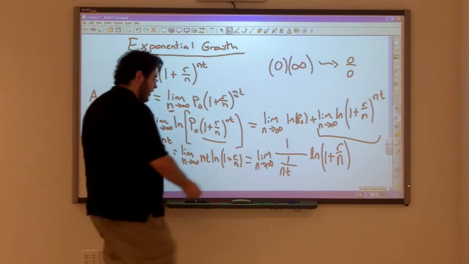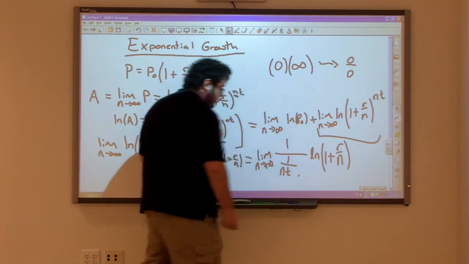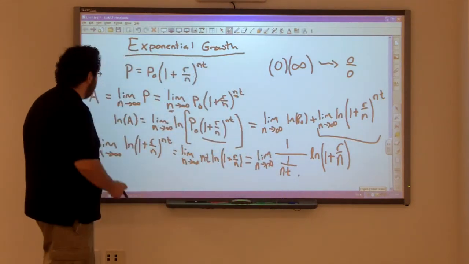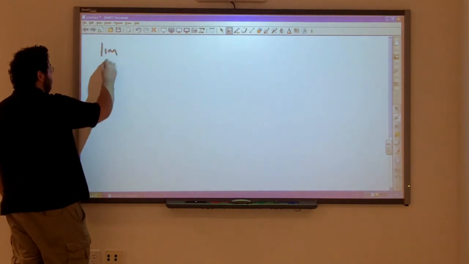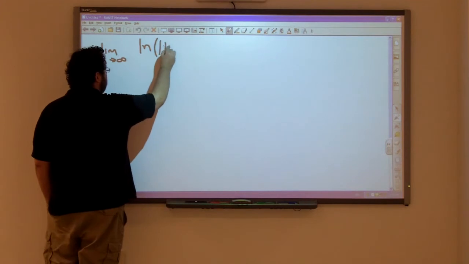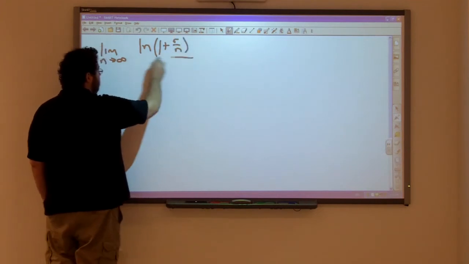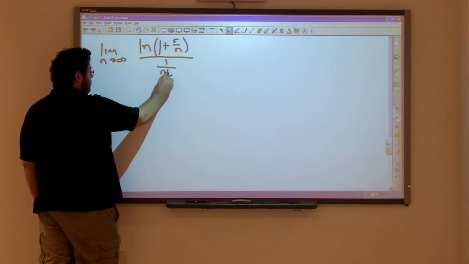So we get 0 over 0, because this whole part right here is 0. So now we can use L'Hopital's rule. So again, we're now taking the limit of the natural log of (1 plus r over n), divided by 1 over nt.